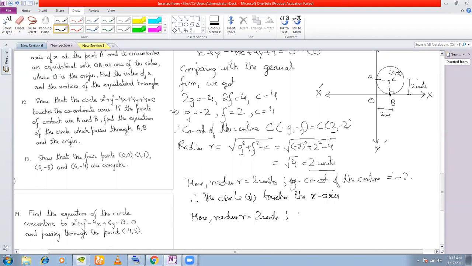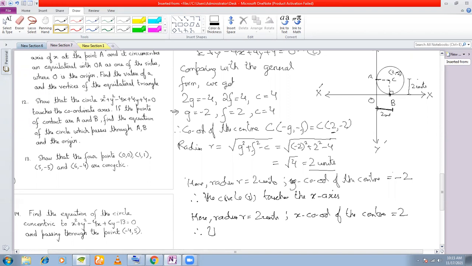And in fact here, the radius should be equal to the x coordinate of the center, right? X coordinate of the center is 2, which are equal.